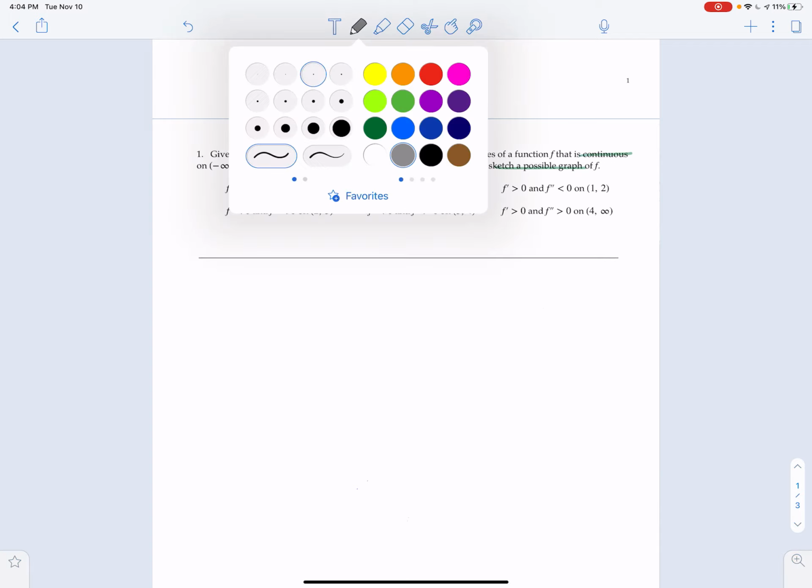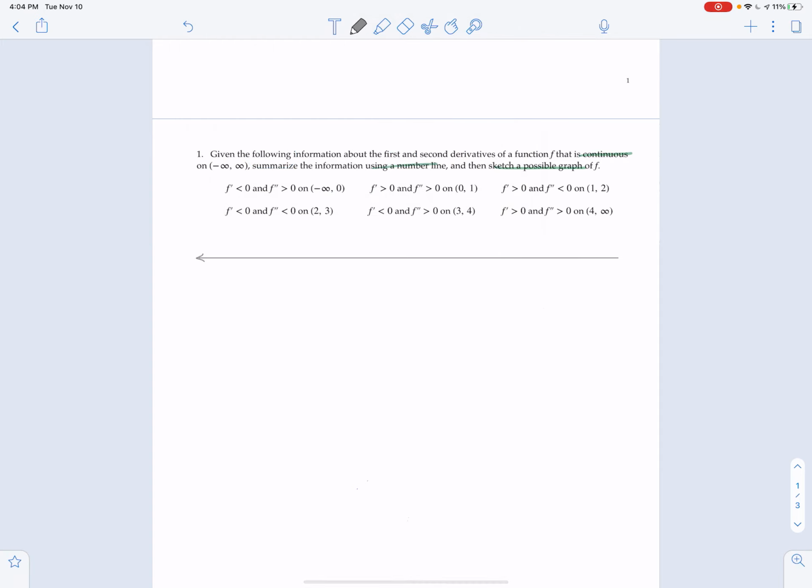The numbers that we're going to put on this number line depend on the information given. The problem says we're continuous from negative infinity to positive infinity, so we can denote that here. It's kind of obvious sometimes, but it doesn't hurt to write it down. And then we're given 6 different intervals.